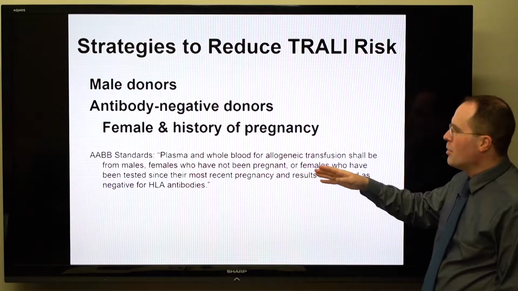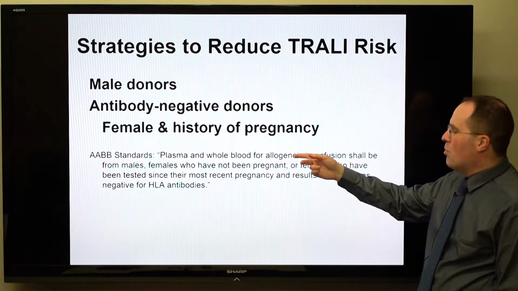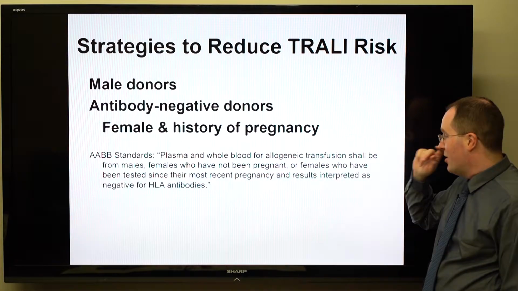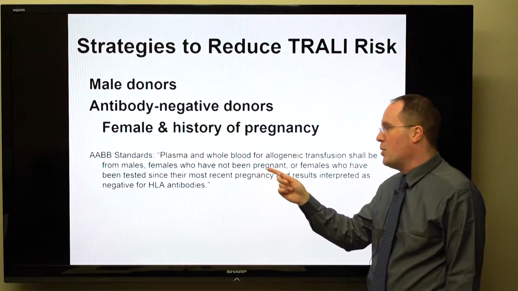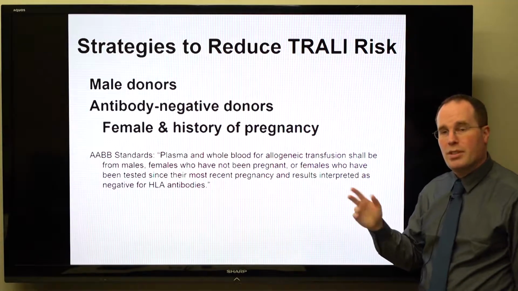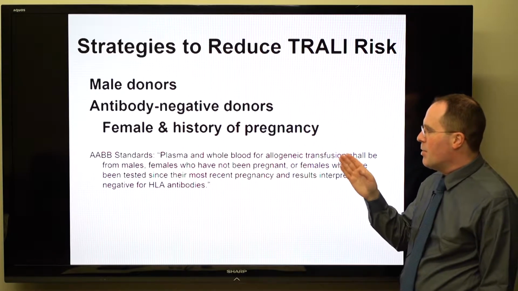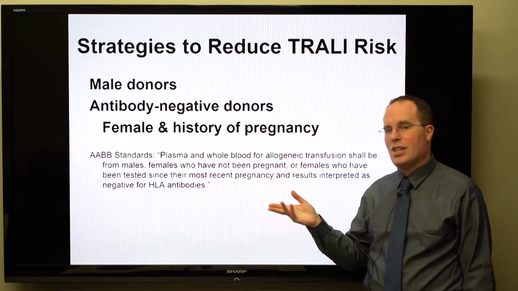So the most recent AABB standards say that plasma and whole blood, but let's just focus on plasma. Plasma for allogeneic transfusion shall be from males or females who have not been pregnant, so that's the history question, or females who have been tested since their most recent pregnancy and results interpreted as negative for HLA antibodies.